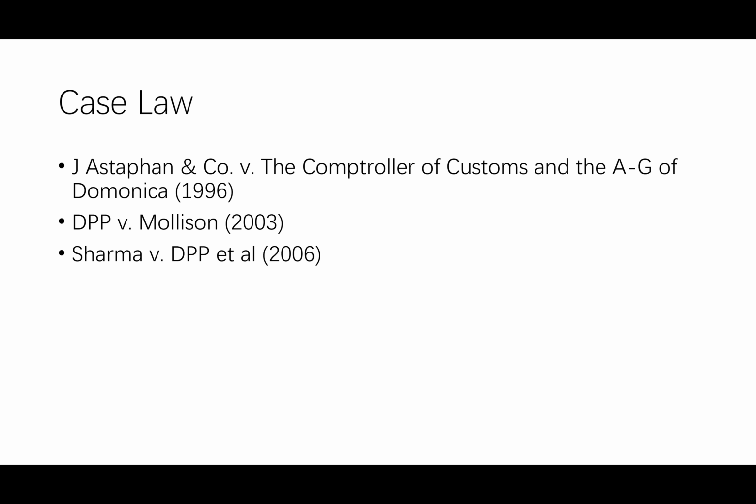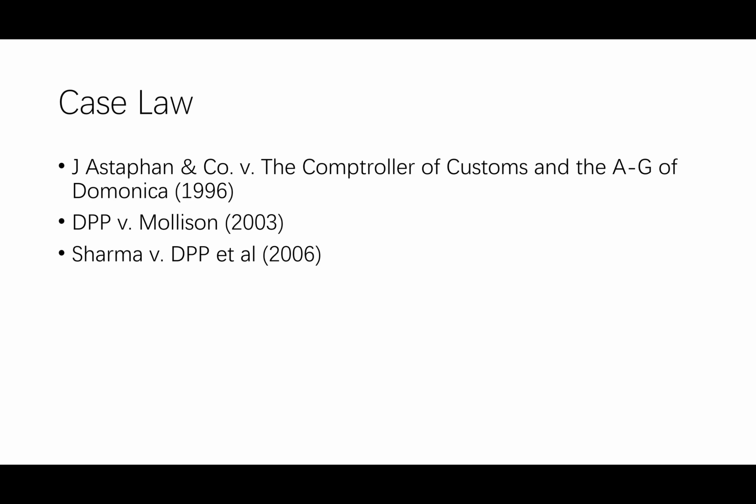there's a remedy of judicial review available, and that is described within Sharma versus the DPP of Trinidad and Tobago, where the Chief Justice of Trinidad and Tobago was the actual appellant. So those cases had key principles to deal with. The Jasrafan case was about the executive taking on legislative function.